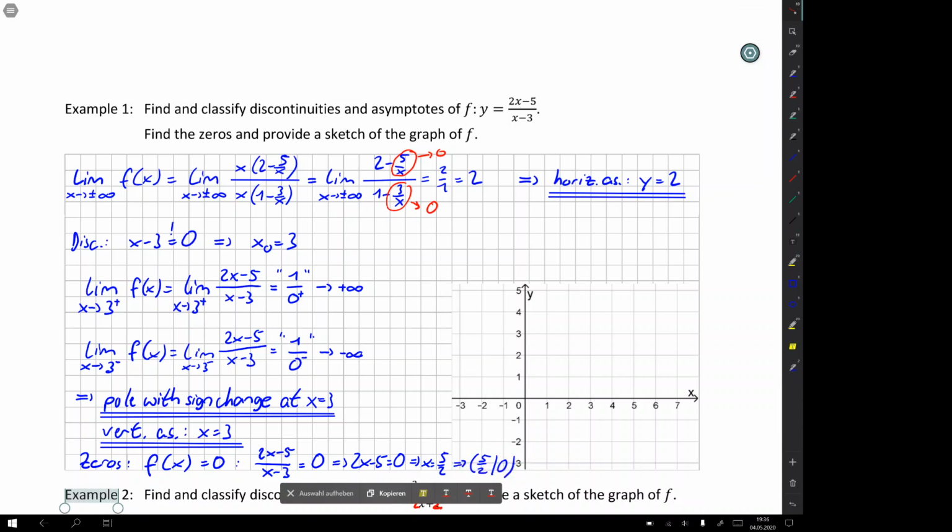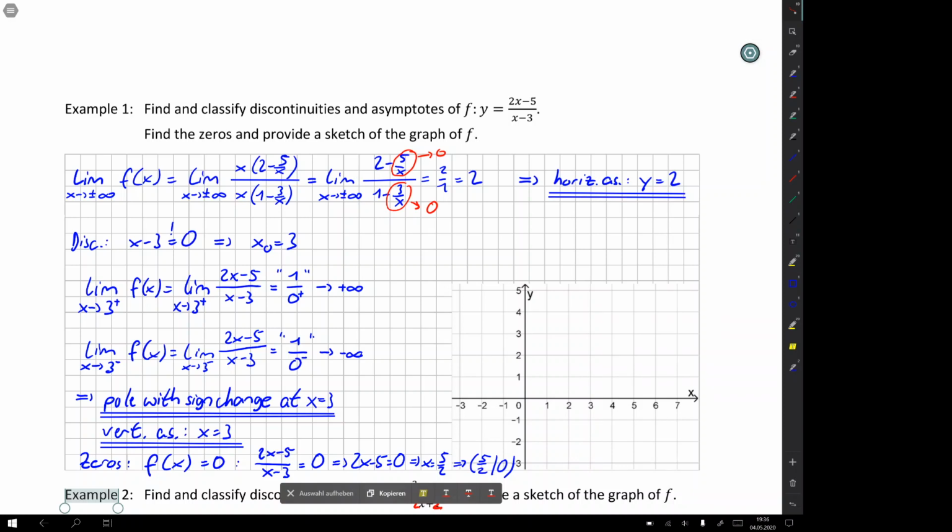And now we can sketch the graph. We have the zero here at (5 halves, 0). We have the two asymptotes, here the horizontal asymptote y equals 2 and the vertical asymptote x equals 3.